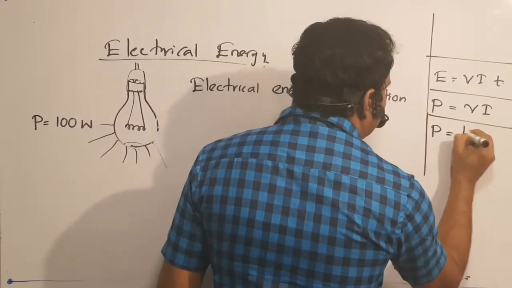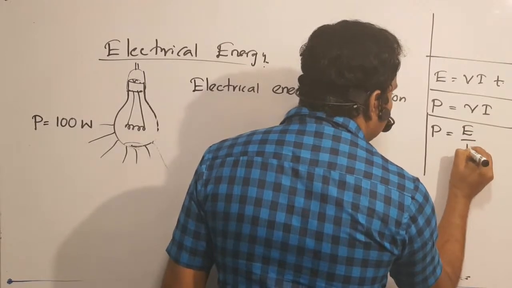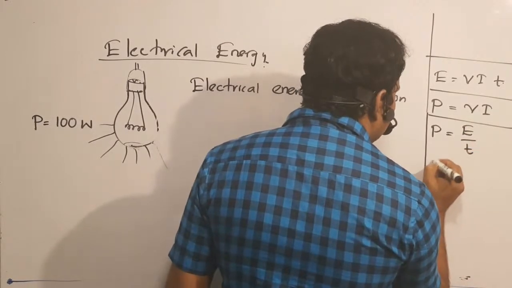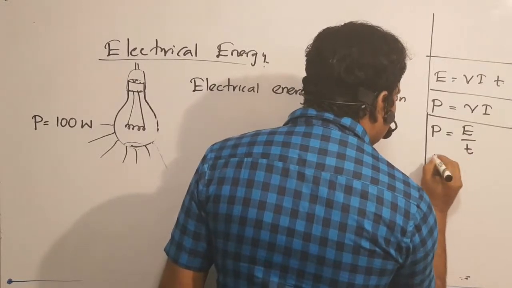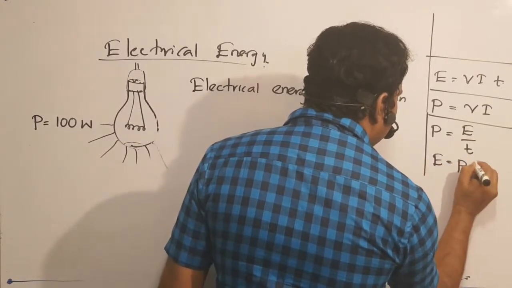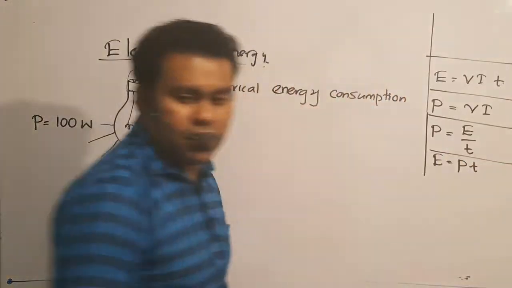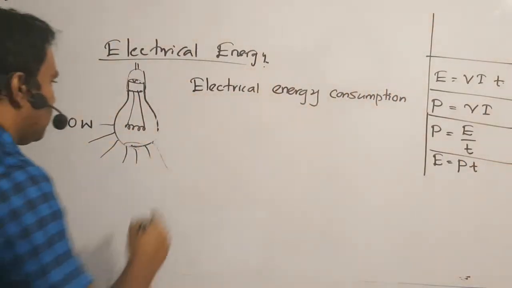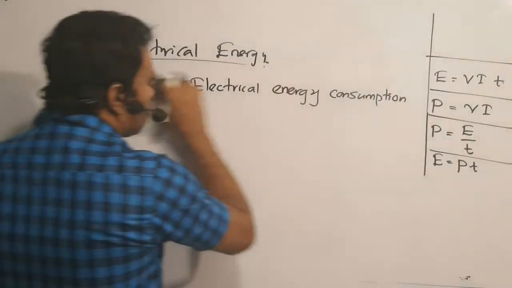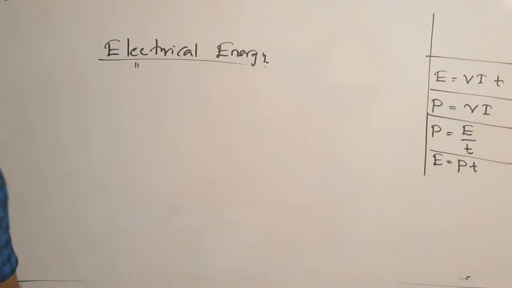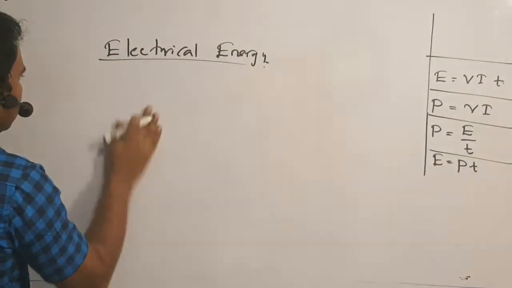Power equals energy upon time. In another way, energy equals PT. So normal substituting. Good. Okay, you can simply take down this question.